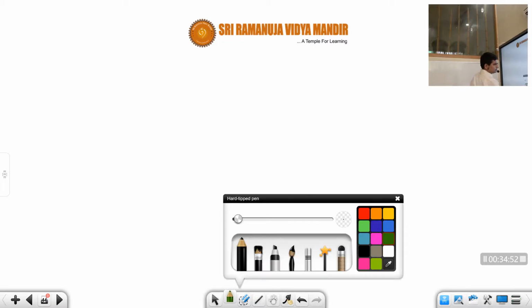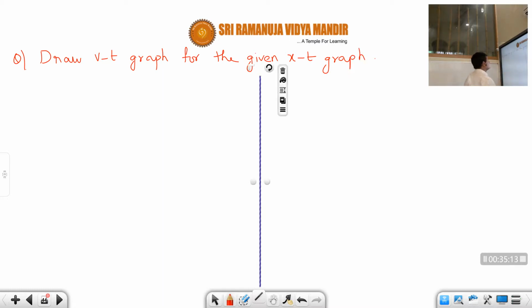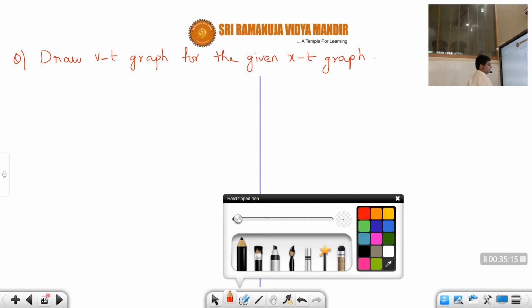You have to draw the vt graphs. So the question is: draw vt graphs for the given xt graph. I'll give two xt graphs, and you have to draw two vt graphs.